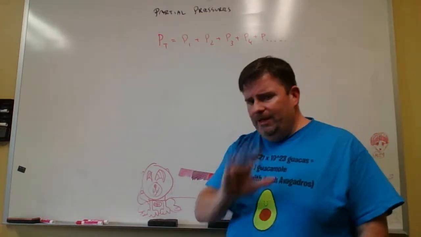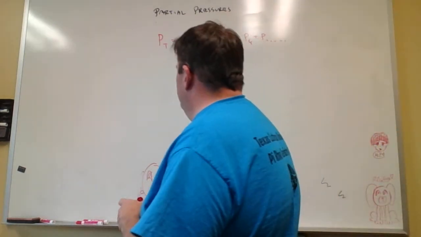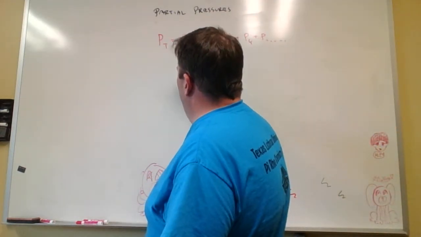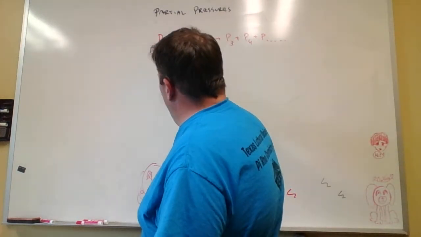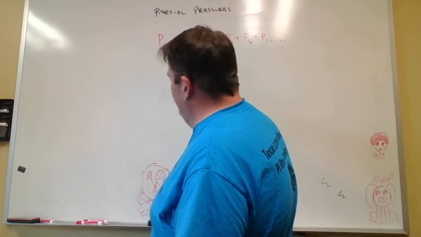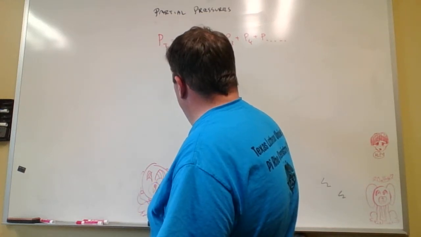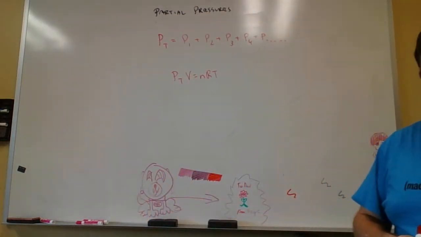Okay. Now, if we relate that to gas law, we get an interesting correlation here. All right. So what this means is that all of these different pressures, if I look at the total pressure of a system, right? Remember, PV equals nRT. So I've got that, right?